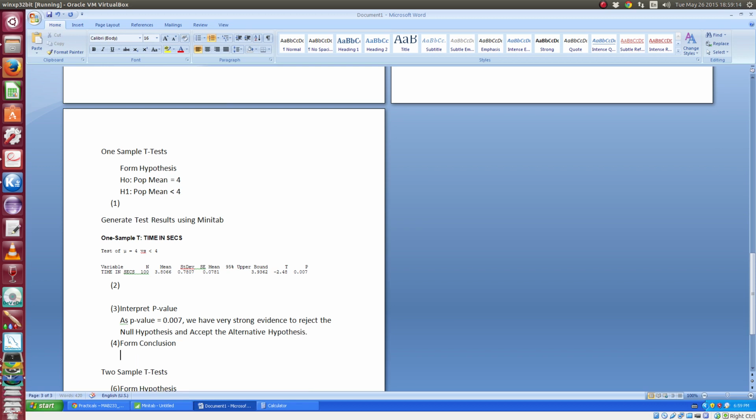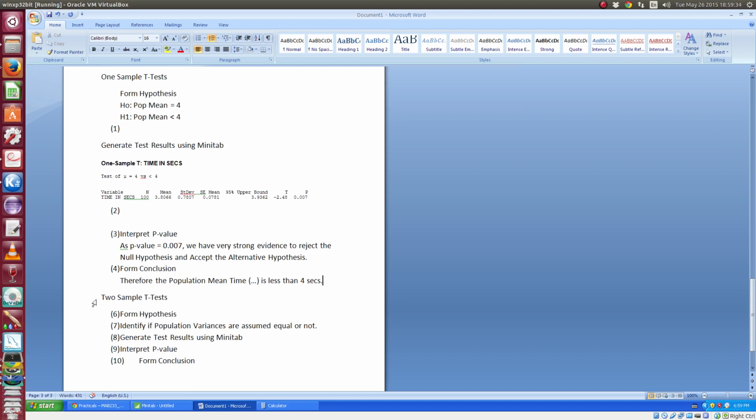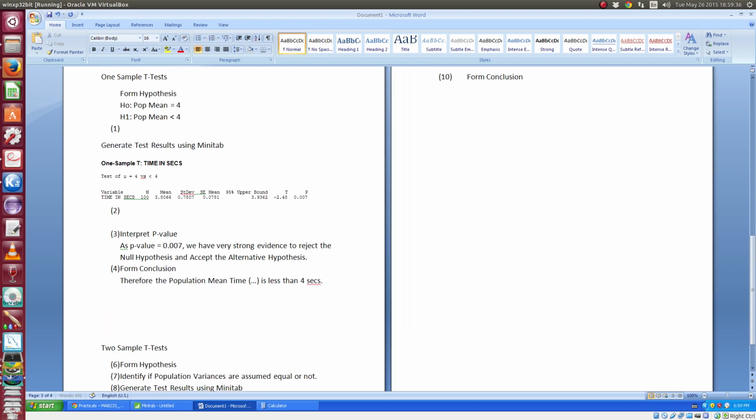We then form our conclusion, and it's basically just a worded version of this. Therefore, the population mean time is less than 4 seconds. And that's it. So when we go into the 2 sample t-test, I might just bring this onto a new page.